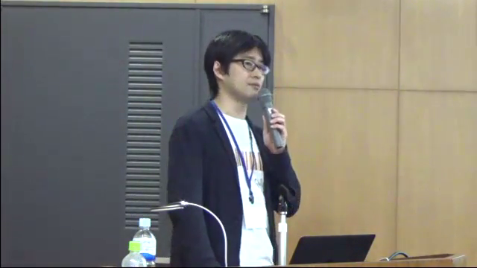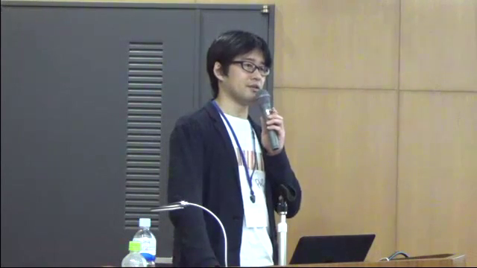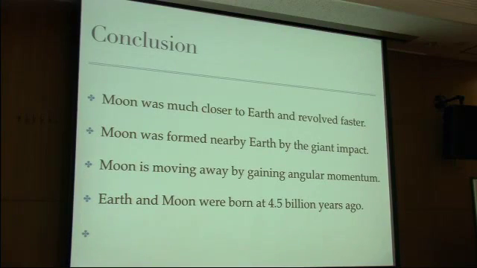It means the Earth and the Moon were born at the very beginning of the history of the solar system. The conclusion is that the Earth and the Moon were born at about 4.5 billion years ago, the very beginning of the solar system formation history.